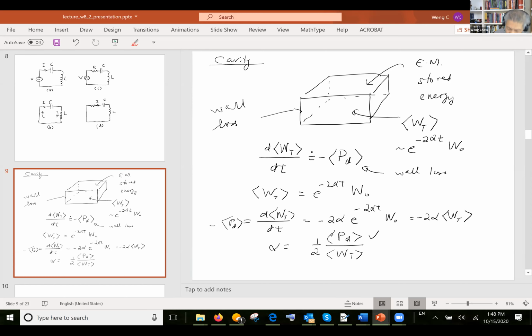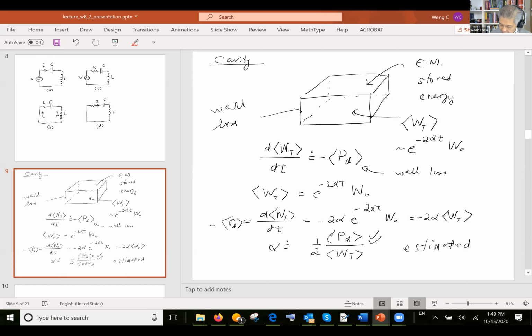So if there's a way for you to calculate wall loss, and a way for you to calculate the total energy stored in the cavity, you can estimate this decay constant. Okay, alpha can be estimated using this formula. Again, I want to say that this is an approximate concept. So any questions so far?